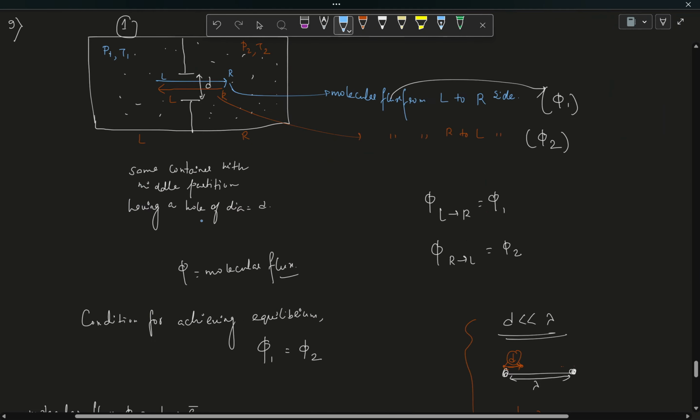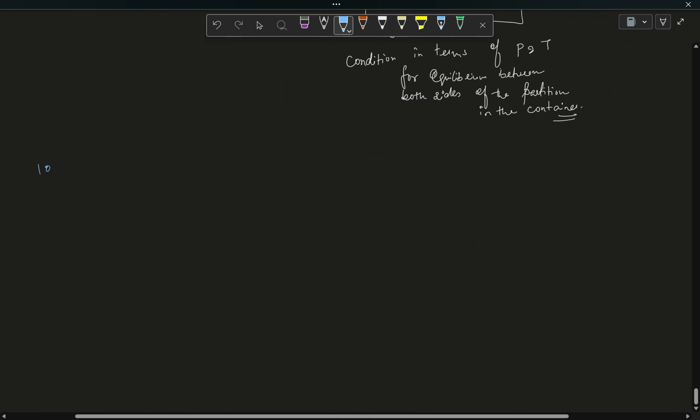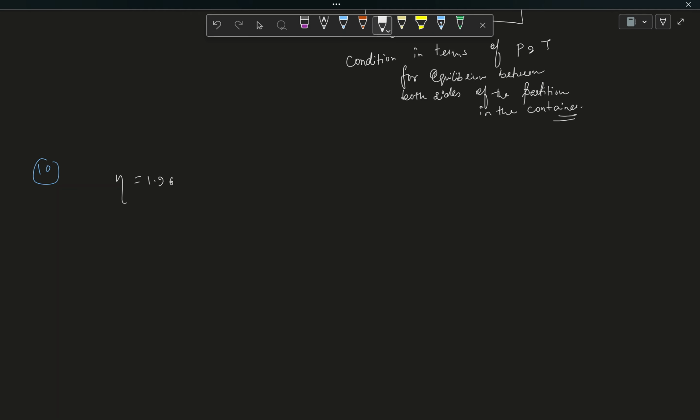So let me write it down first. Question number 10: 1.96 into 10 to the power minus 4 gram per centimeter second, and the molecular weight, because this is for oxygen, is 32 gram for 1 mole, and the pressure and temperature are standard temperature and pressure, that means temperature is 300 Kelvin and pressure is 1 atmosphere.